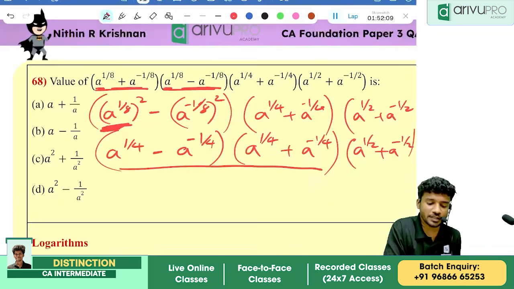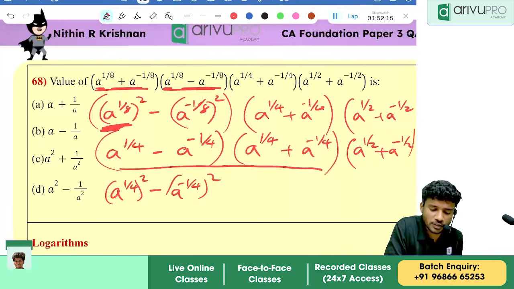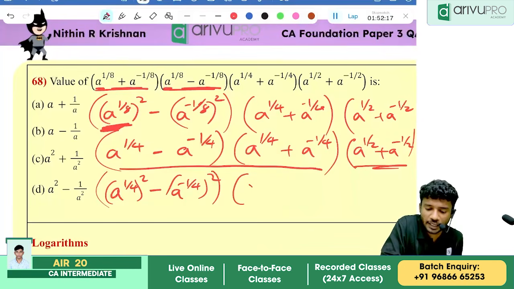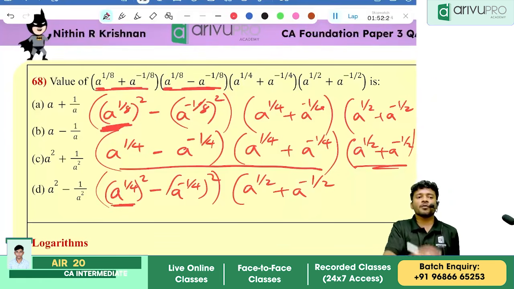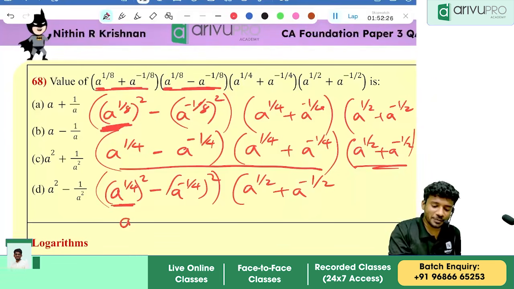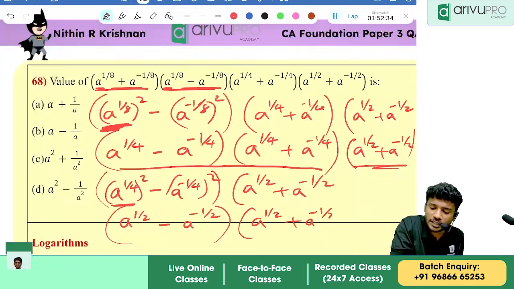Yes. Again apply the formula. A raised to 1 by 4 the whole square minus A raised to minus 1 by 4 the whole square, entire thing into what is remaining? A raised to 1 by 2 plus A raised to minus 1 by 2. This will become what? A raised to 1 by 2 the whole square. That is nothing but A raised to 1 by 2 minus A raised to minus 1 by 2 into A raised to 1 by 2 plus A raised to minus 1 by 2.